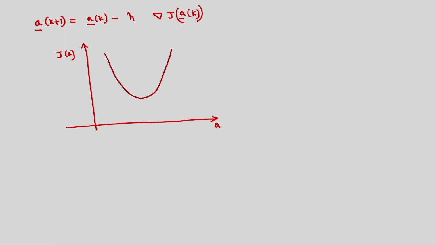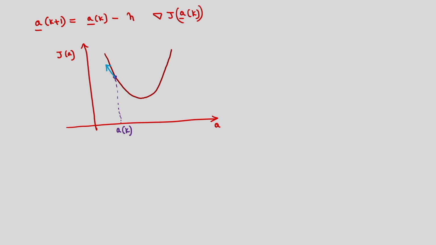Suppose this is my value corresponding to a_k in the kth iteration, that is the value of the criterion function. Now I have to determine the gradient of this at this point. If I determine the gradient, I will be getting the gradient along this direction.